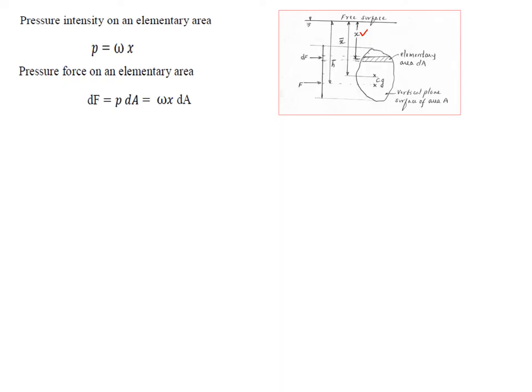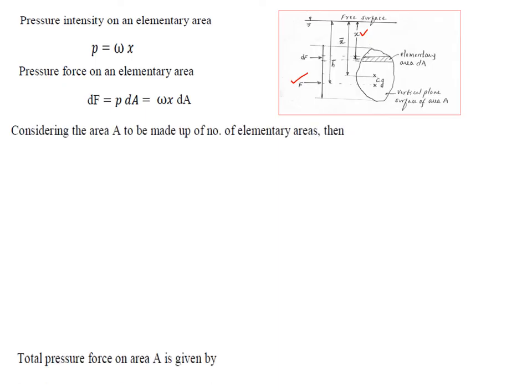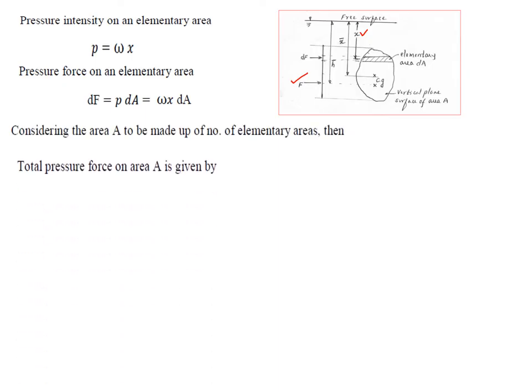That's the reason why we have to find dF on each of the elementary areas and add all the forces, so that you will get the total force. So if you consider the area to be made up of a number of elementary areas, then you take the summation of all these forces to get the total pressure force on area A.